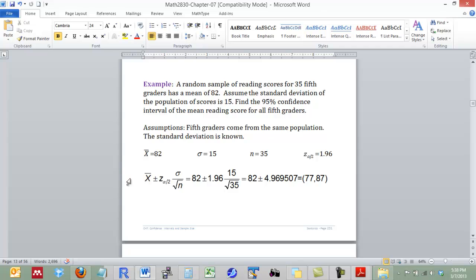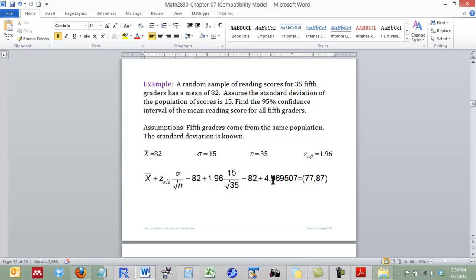Okay, so let's take a look at my formula. So I have X bar, so 82, plus or minus my Z, times then my sigma over root n. And so I would suggest you compute this quantity separately. So the margin of error, if I multiply all of that out, comes out to be a little bit below 5. Okay. And so then you are going to take your sample mean and you're going to subtract your margin of error.